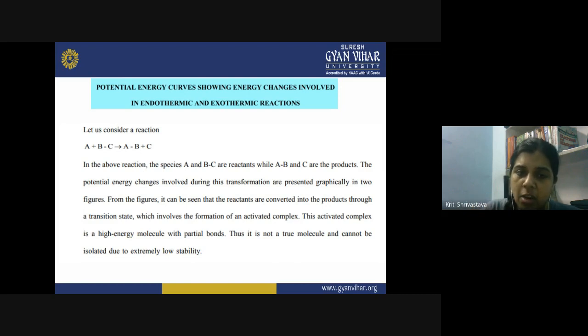So this activated complex is a high energy molecule, you can say, and it has partial bonds. Like I said, some bonds have been broken in the reactant, and some new bonds have been formed partially. So it has very high energy and a very short lifespan. So it is not a true molecule actually, and cannot be isolated because it has very low stability.